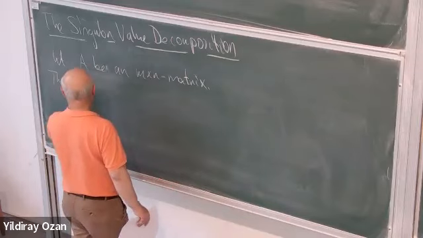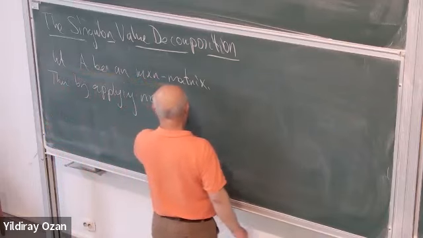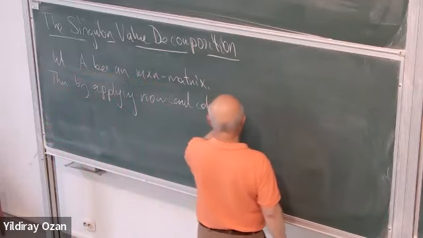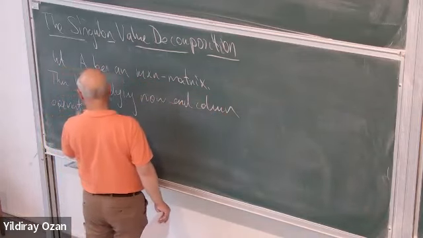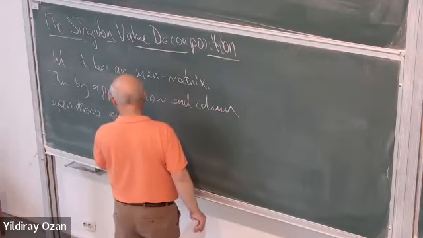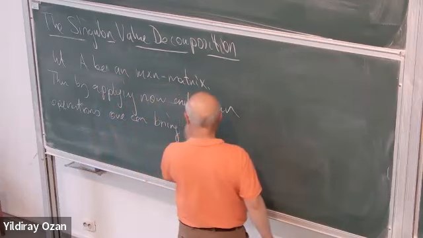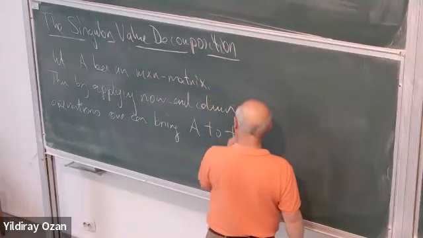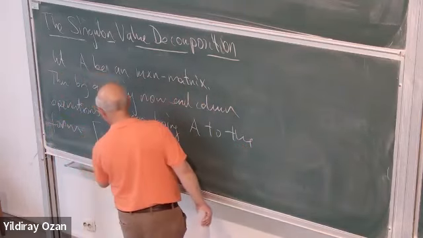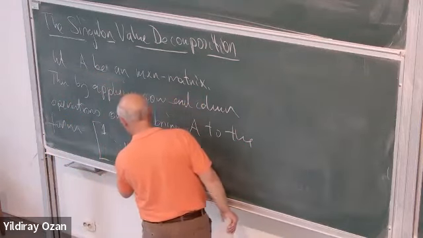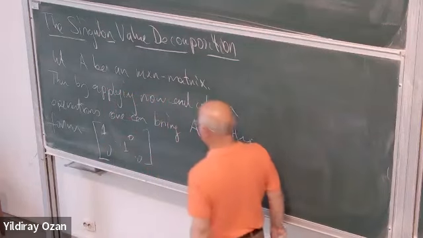Then, by applying row and column operations, one can bring it to the form like this: 1, 1, 1, and then some zeros, and all other entries are zeros.